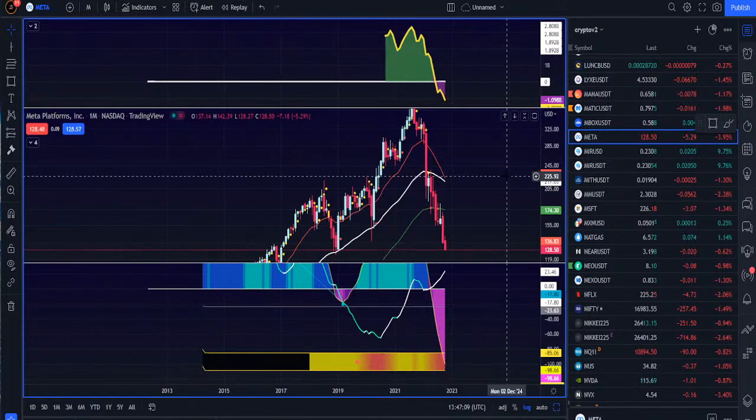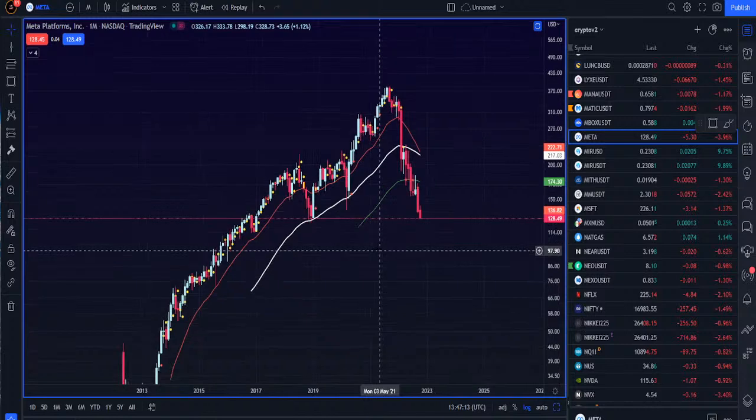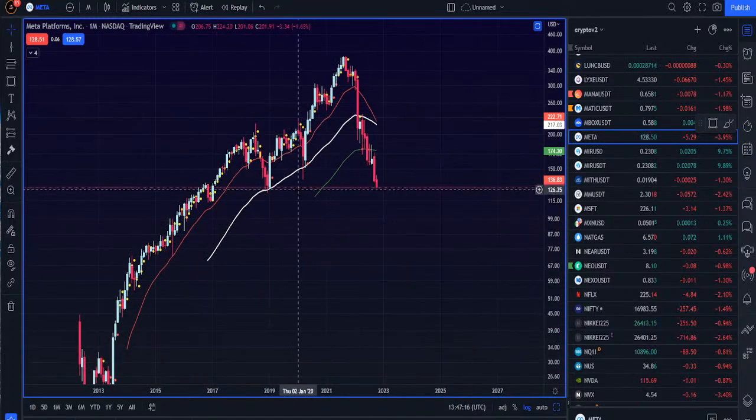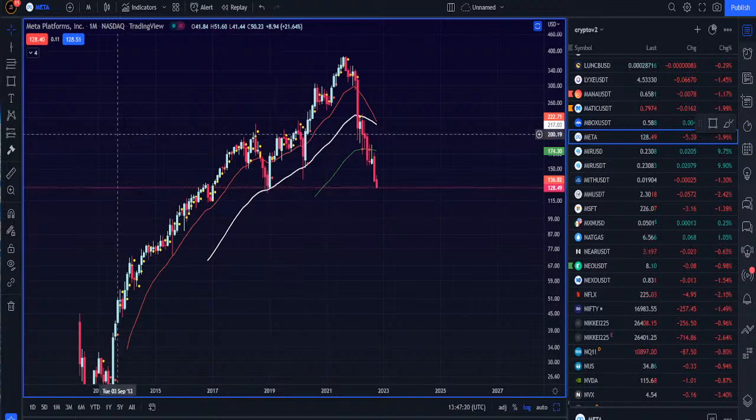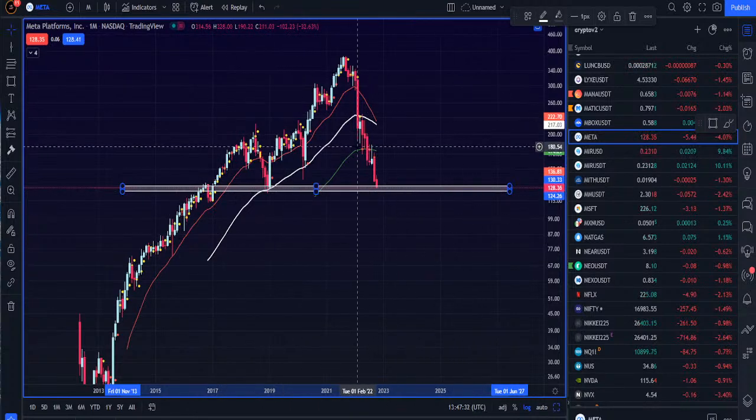No, this is like Netflix. Welcome to the monthly reversal. Meta is gonna enter any close this month below this, the 128 here. If you're bullish on Meta, you don't wanna see this candle closing below there. Any close in the monthly, for me actually this is a monthly reversal.